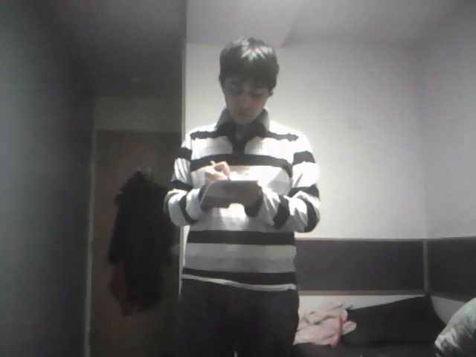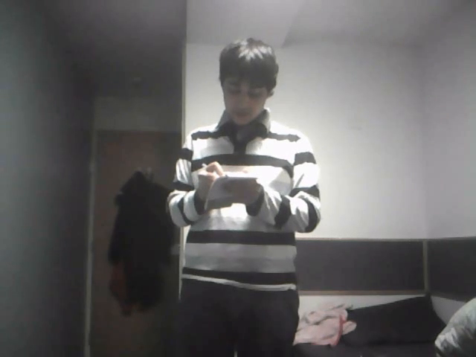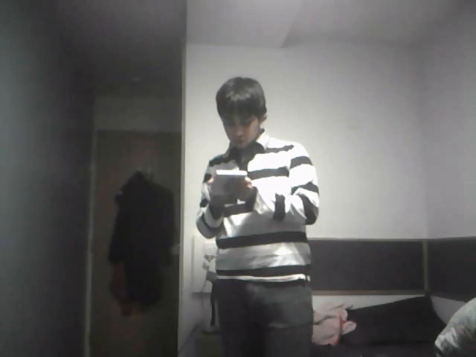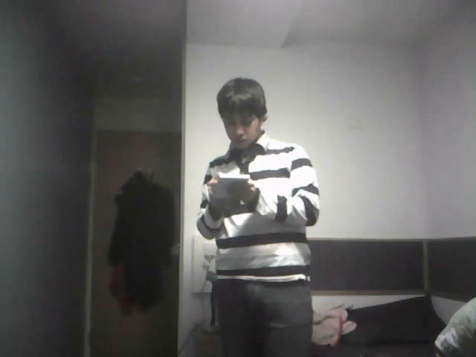Actually, I should write it like this: f of x is equal to g of h(x). Or we write it as f(x) is equal to g o h (x). This circle is very important.